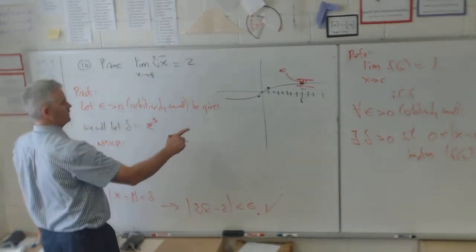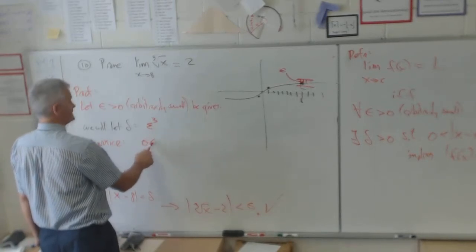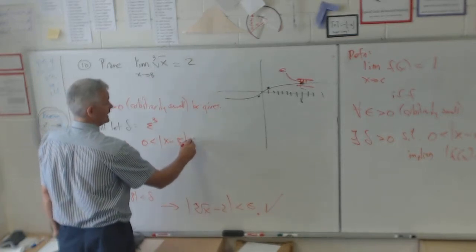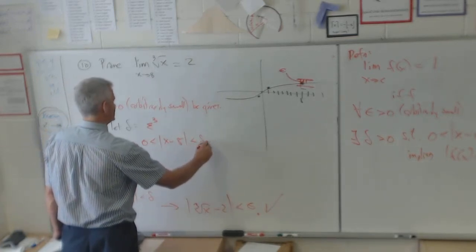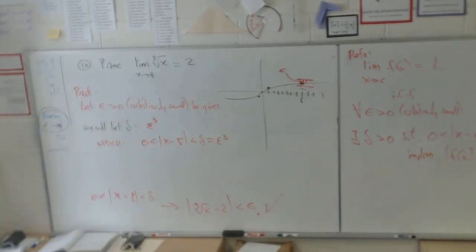Okay, one thing that we know we have is 0 is less than |x minus 8| is less than delta. This equals epsilon cubed. Follow? x minus 8 is epsilon cubed.